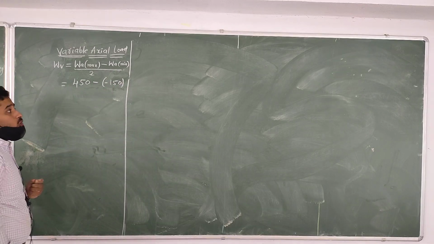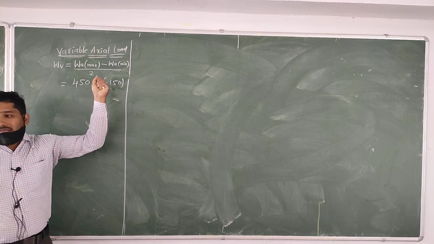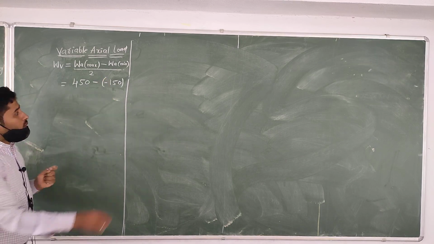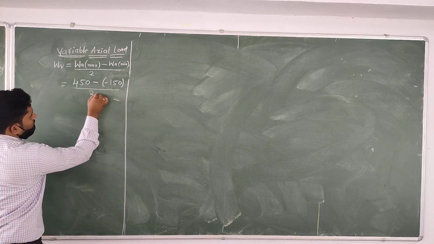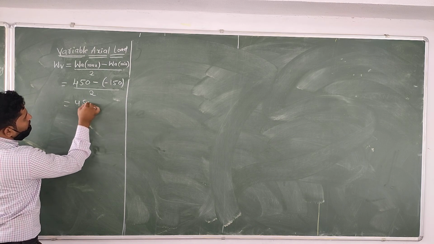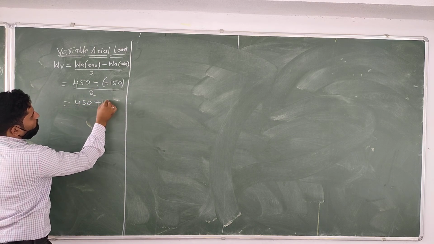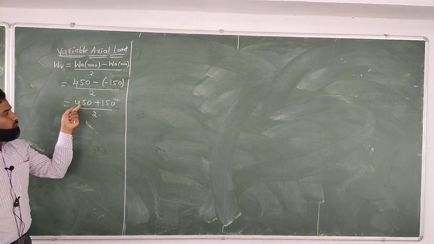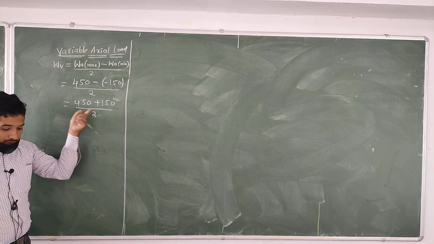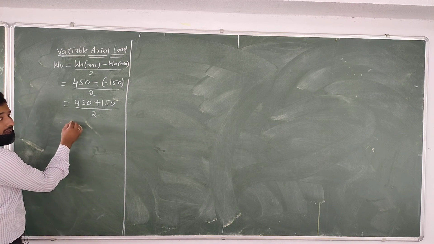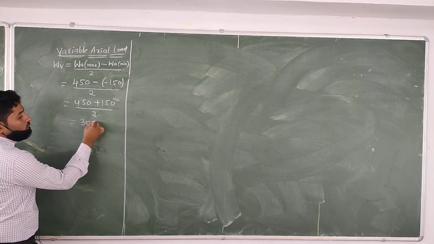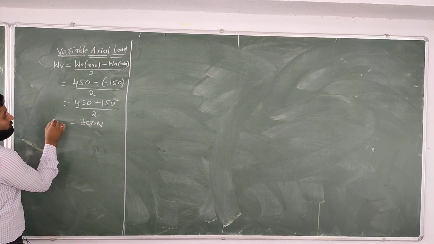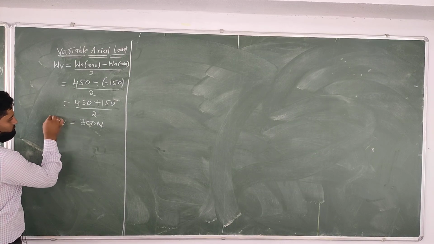If it is compressive, then you need to consider it as minus 150 by 2. So 450 minus into minus, plus 150 by 2. If you add this value, 450 plus 150 by 2, then you will get the value of 300 Newton. That is the value of the variable axial load.